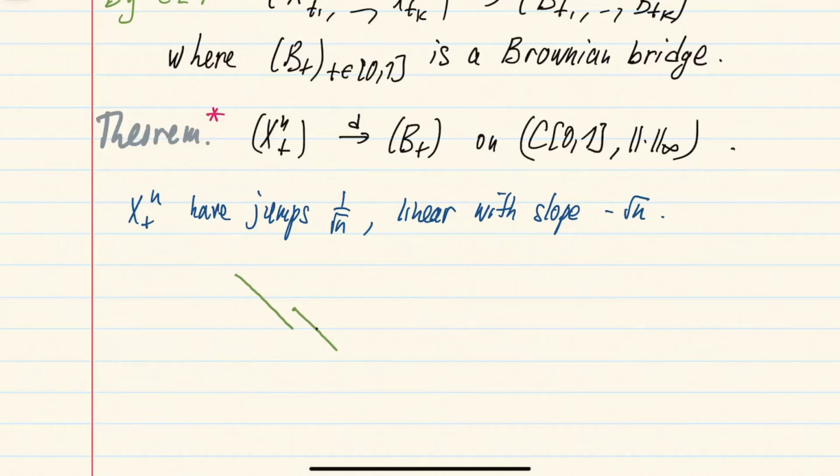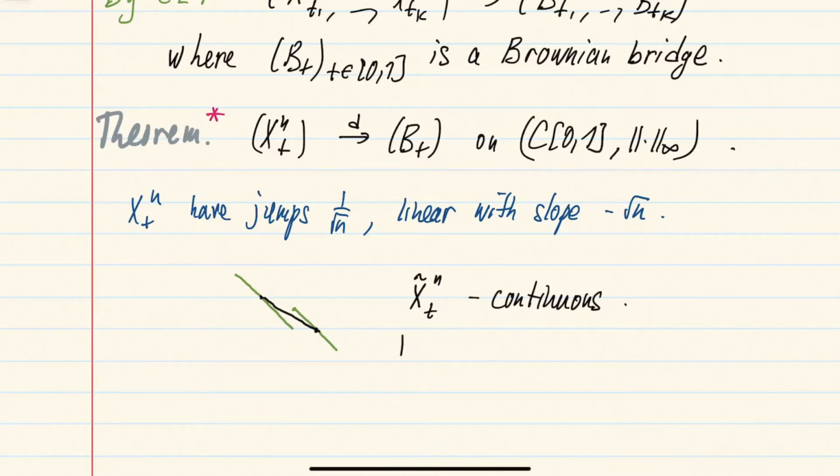For example, you can just take a middle point in these two intervals and connect the value of the function in between. If you do this for every interval, this will define a process, let's call it X tilde_n(t), which now will be continuous in t.